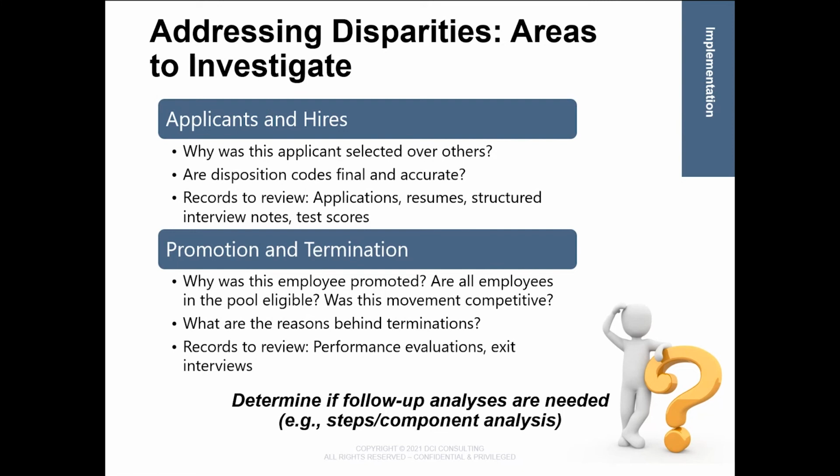For promotions, a good starting place is determining why certain employees were promoted. Were all employees in the pool eligible for promotion? Was this movement competitive or in line? For terminations, determine what the reasons are behind terminations. Records to review include performance evaluations and exit interviews.